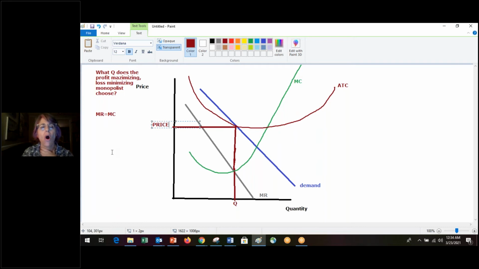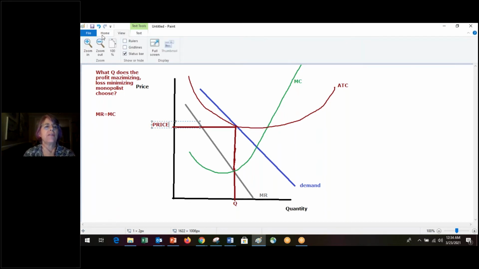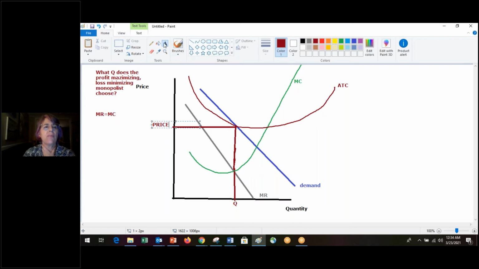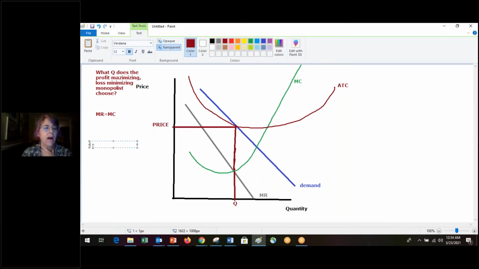Now, we always find profit the same way. It's all about the relationship between P and ATC. If the price is greater than the average total cost, we're going to have a profit.